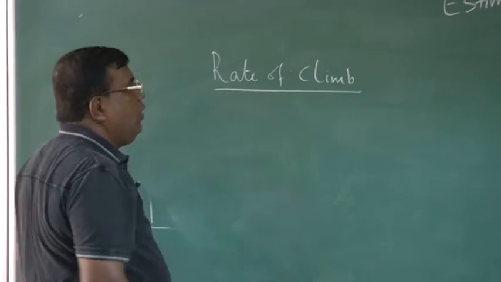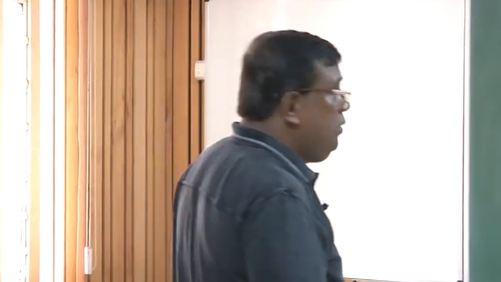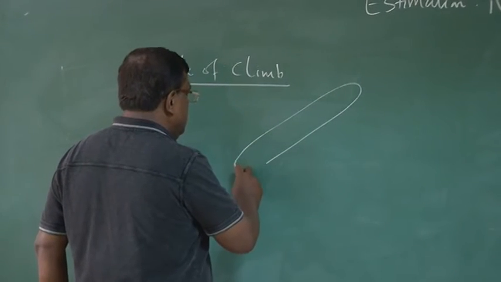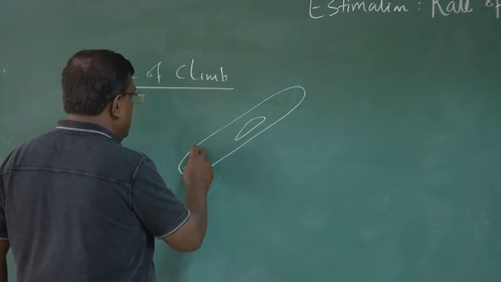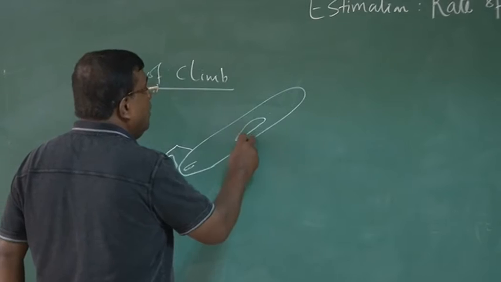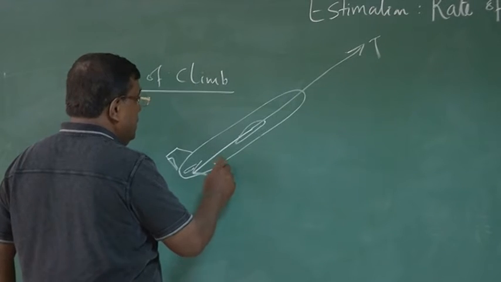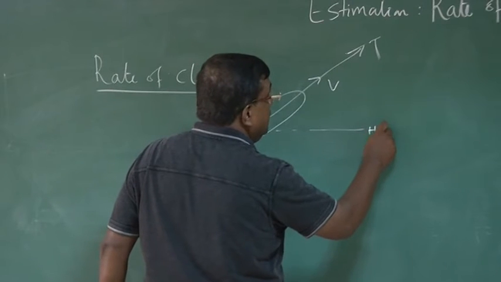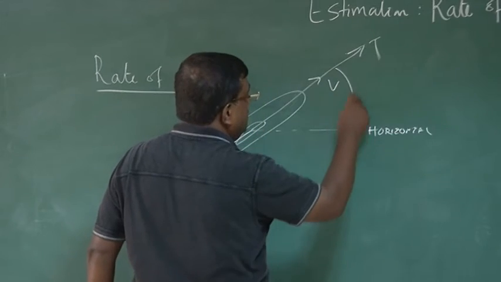And so far, when we are talking about rate of climb, please remember we are talking about unaccelerated flight, that is rate of climb at constant velocity. If I again draw this diagram, this is the thrust, this is the drag, the velocity here, this is the horizontal, this is gamma, the flight path angle.